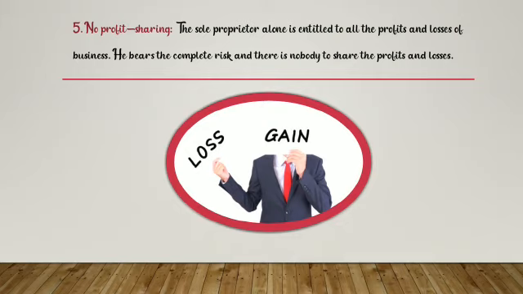He bears complete risk in the business. There is no one for him to share his profit and losses. So, this is a positive point and a negative point also. As he cannot share his losses, this becomes a negative point for the proprietor, and as he cannot share his profit, it is a positive point for the proprietor.